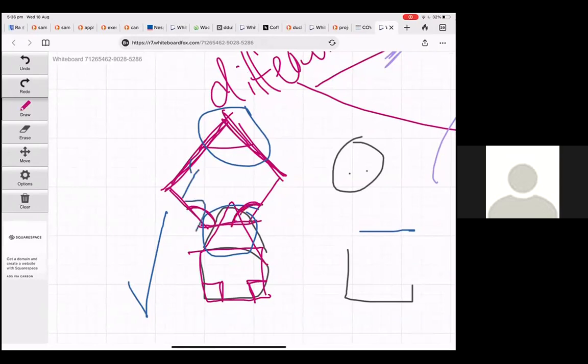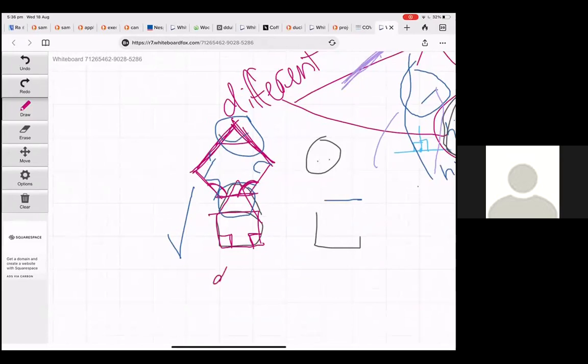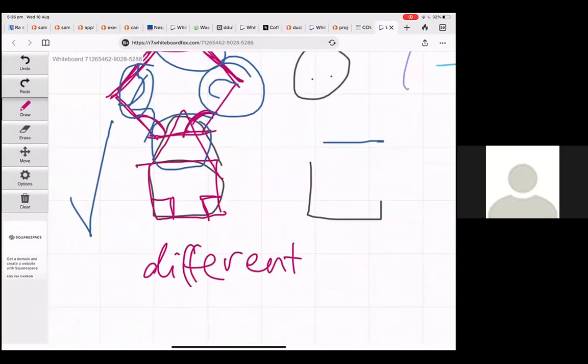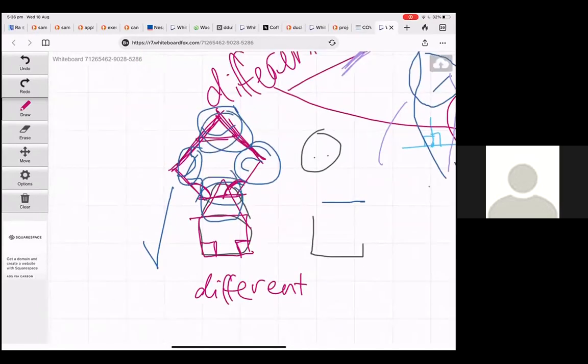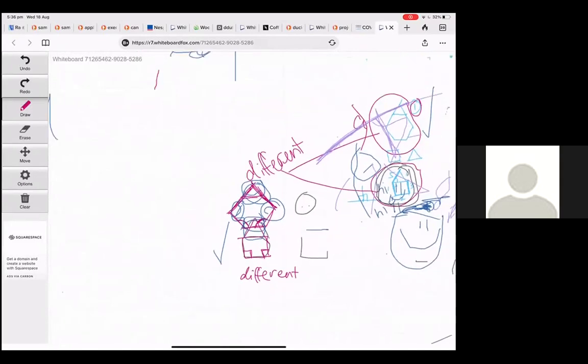These are obtuse, bigger than right angles. So they're different because the base angles are different to each other. That is really because it's a hexagon in the first one and a square in the second.